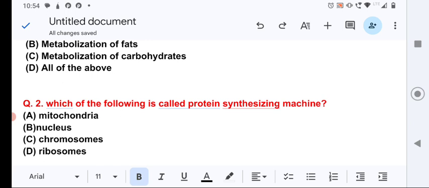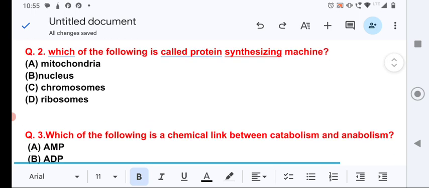It is the site of protein synthesis and is made up of ribonucleoprotein. It is of two types, the 70S type and the 80S type. You should also remember which is the characteristic of prokaryotic and eukaryotic cells.